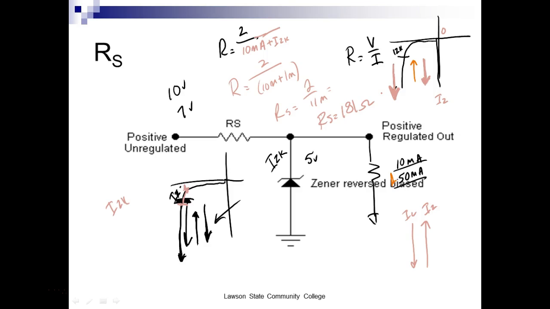What do you say, Joe? Okay, so if we go up, we move toward IZK. If we go down, we move away from IZK. So we're always going to go down.